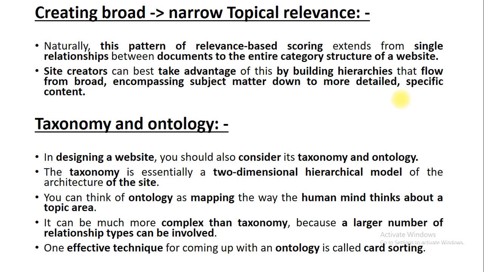Similarly, ontology is when you want to read the mind of customers or human beings, and that topic is known as ontology, which is naturally more complex than taxonomy. Why? Because in ontology you need to think the way humans think, right? So that is a difficult task. And one of the effective techniques you can use with ontology is card sorting.